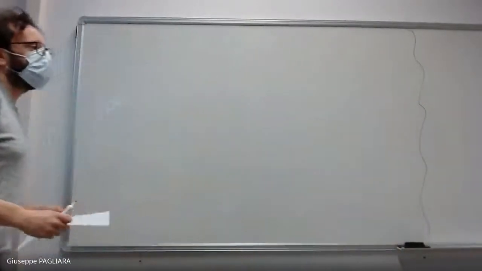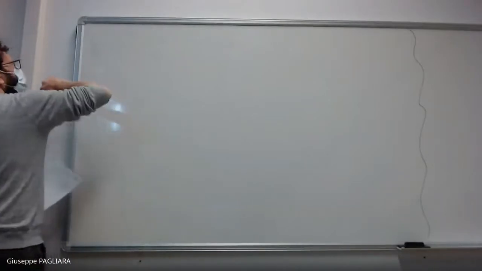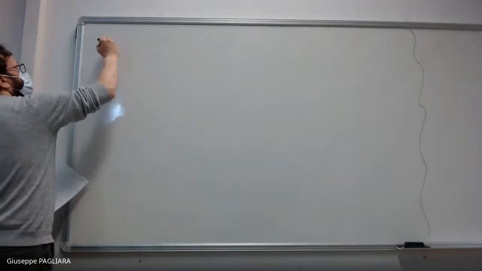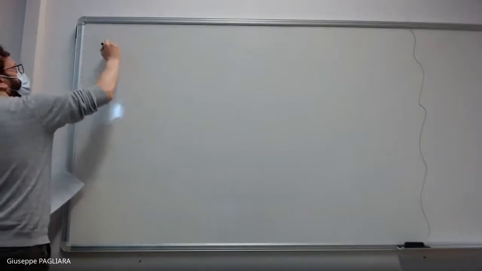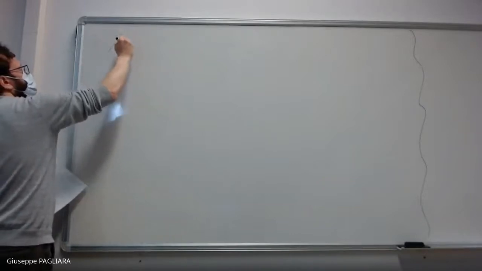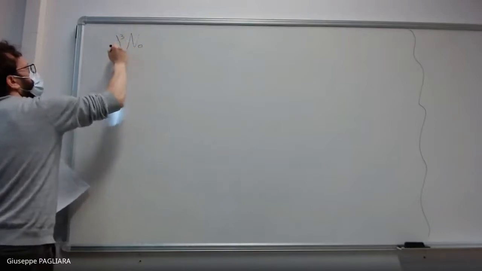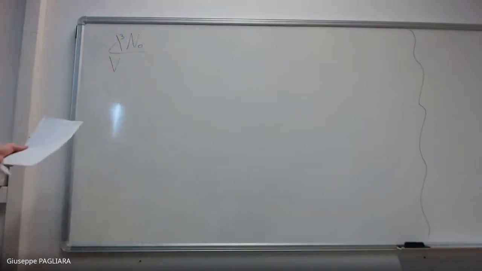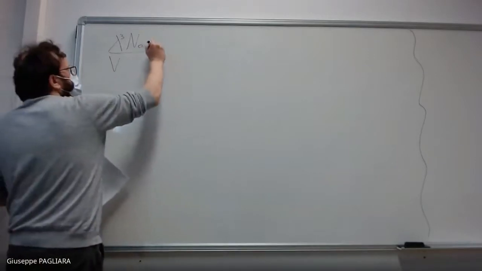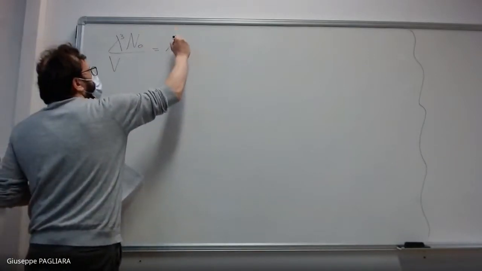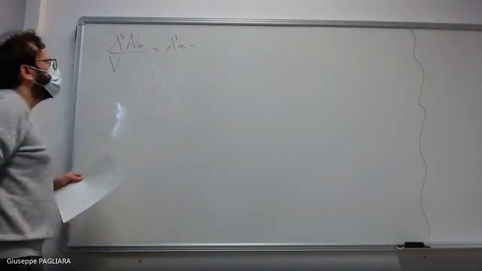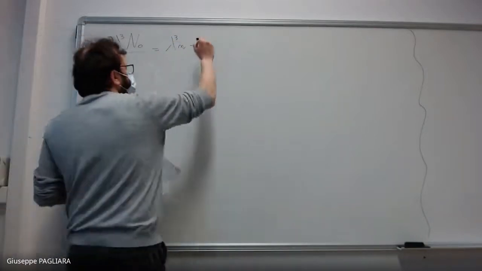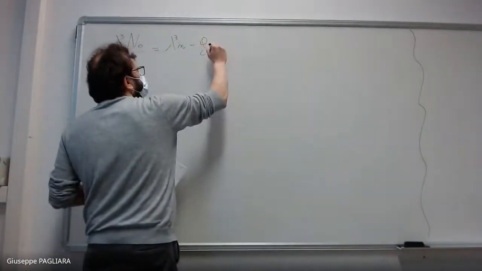Okay, so let's write again the equation, the starting point. But let me switch from the left-hand side to the right-hand side. In particular, let me consider here there was a volume, lambda cubed n0 divided by the volume is equal to lambda cubed n minus g3 alpha of z.